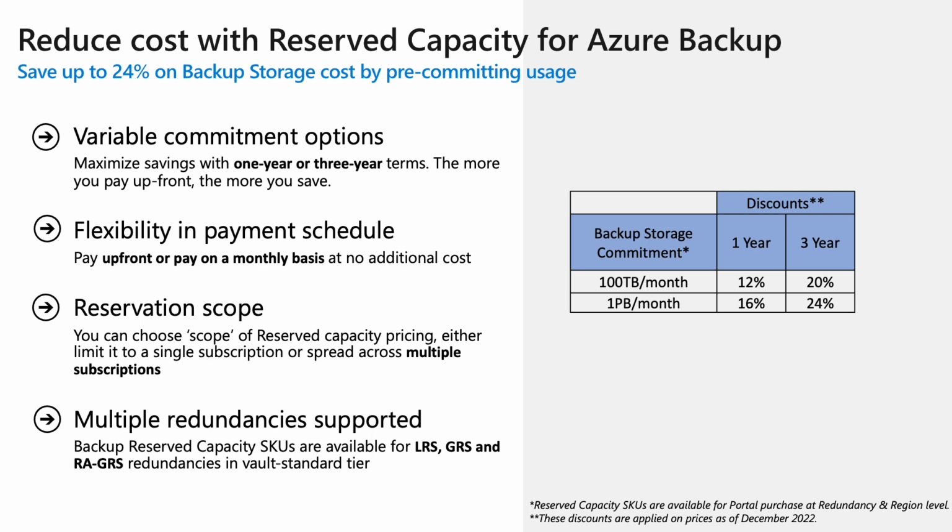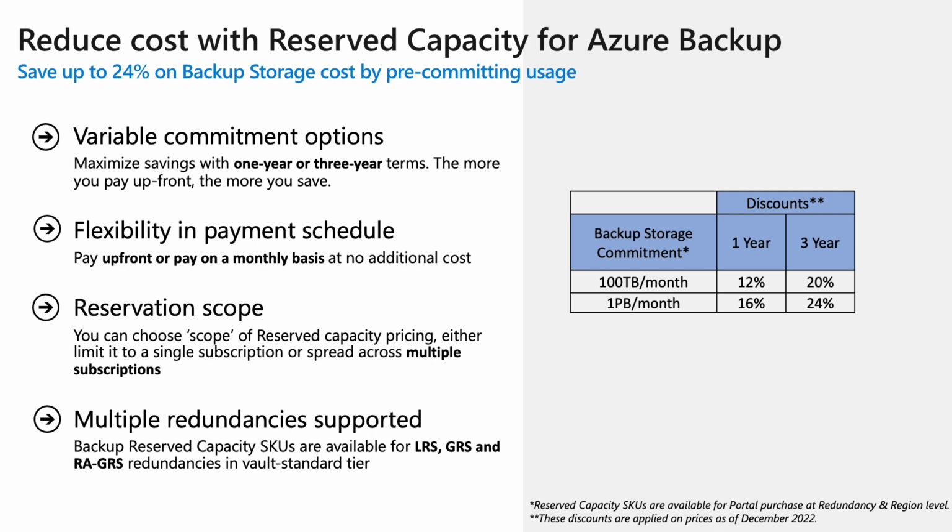You can now purchase backup reservations on Azure portal with a seamless experience, which I will be walking you over in the next few minutes. When compared to pay-as-you-go rates as of November 2022, reserved capacity pricing savings start at 12% for a 100 TB per month commitment for 1 year.